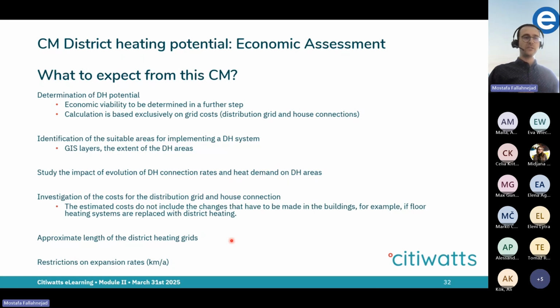So if you start building up heating grids, you say I'm starting from 0 market share, 0 connection rate, and every year I'm allowed to build a maximum of 15 kilometers. I have certain input parameters that should be considered in this analysis. Find relevant areas for me that fulfill these conditions.